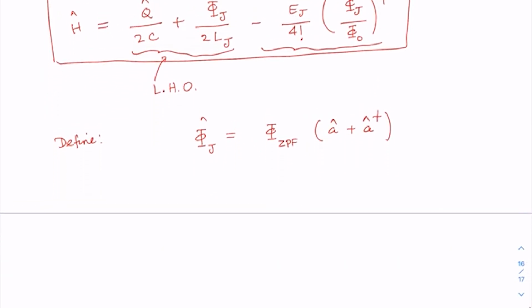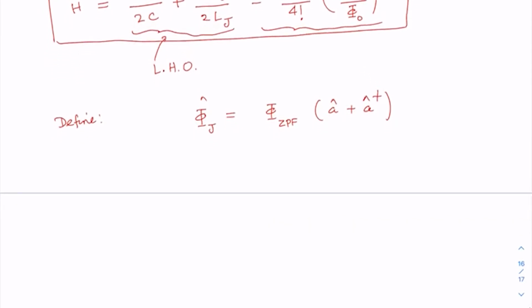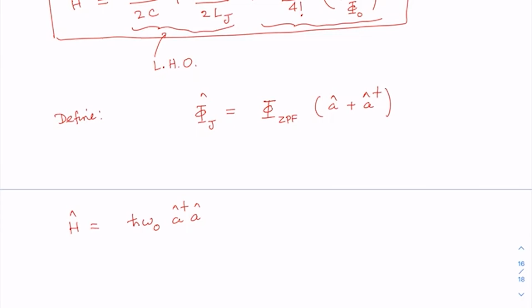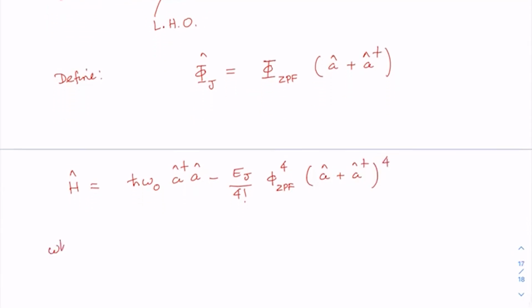And then the linear part of the Hamiltonian one can easily write, that would be H is equal to h cross omega 0 A dagger A, and the nonlinear part is minus Ej by 4 factorial phi ZPF to the power 4 into A plus A dagger to the power 4, where this omega 0 is equal to 1 by square root of LJC.